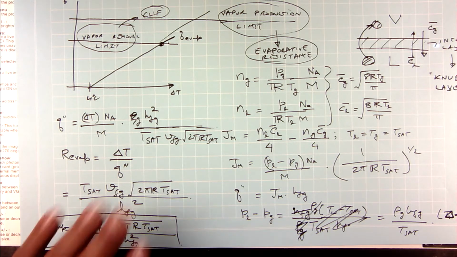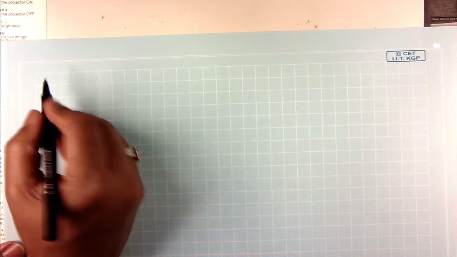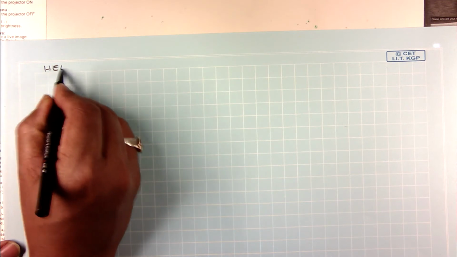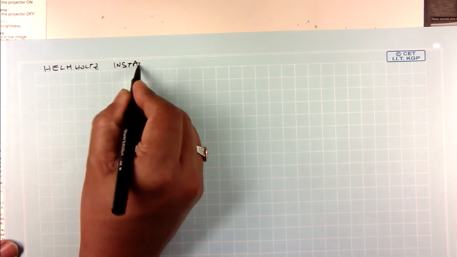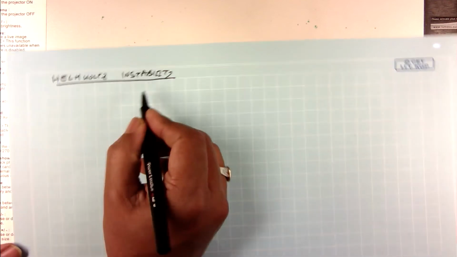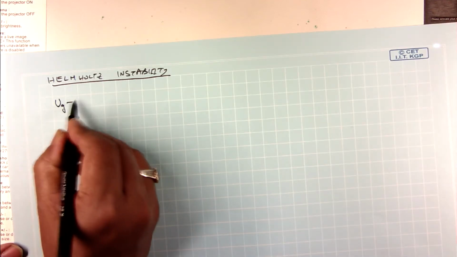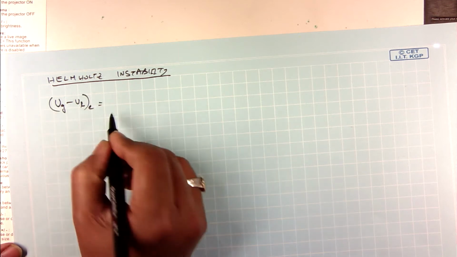Now, there is one more fundamental philosophical discussion I wanted to have with you before we dive into the actual guts of the two phase flow and the different flow regimes. And so, that is basically going back to Helmholtz instability. So, what did we say was Helmholtz instability, the UG minus UL critical, what was that equal to?